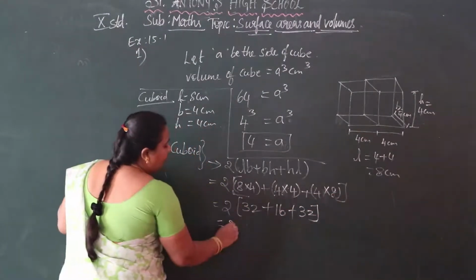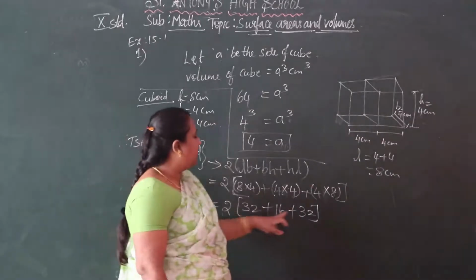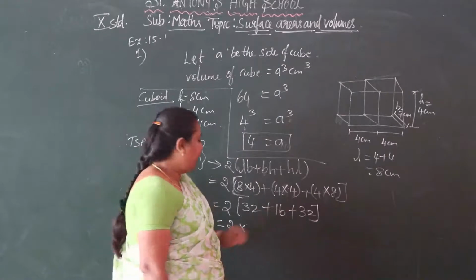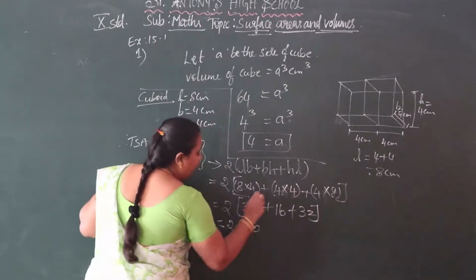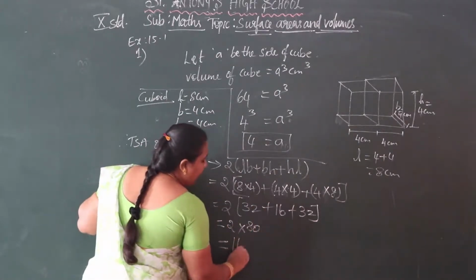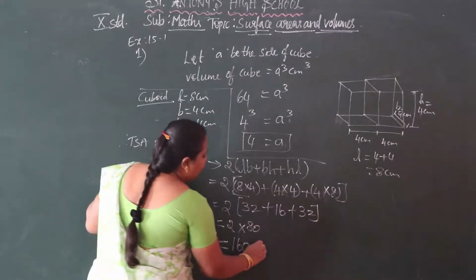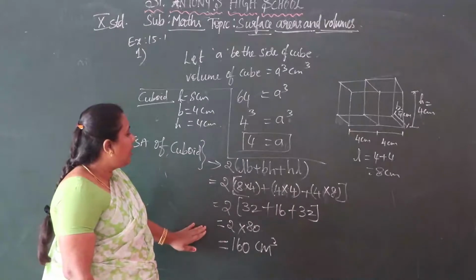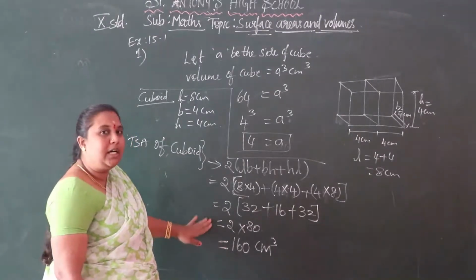So 2 into 32 plus 32 is 64, plus 16 is 80. So 2 into 80. The total surface area of the cuboid is 160 centimeter square.